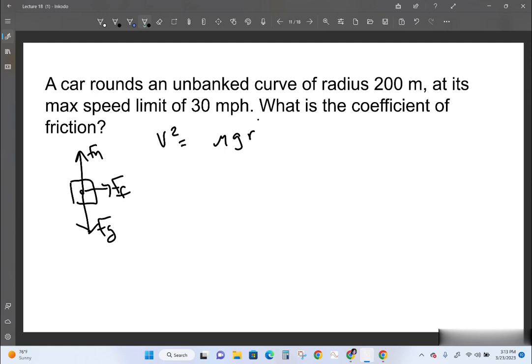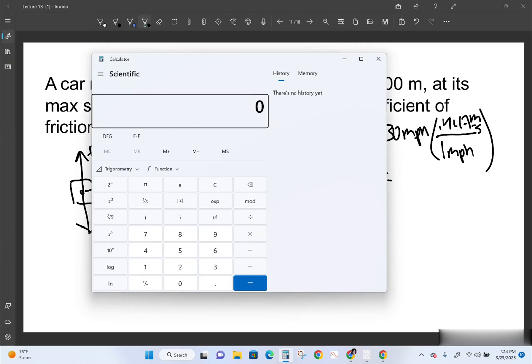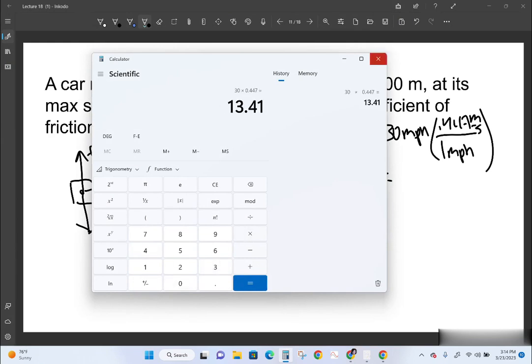And now we're going to just solve for mu. So mu is just going to be V squared all over GR. Well, we need to know V in meters per second. It's 30 miles per hour times 0.447 meters per second for every mile per hour, which is 30 times 0.447, 13.41.